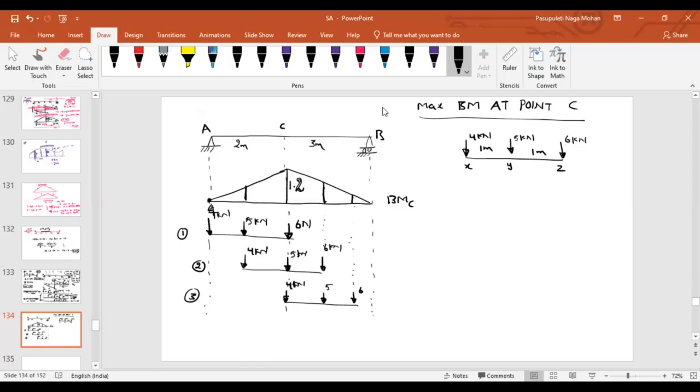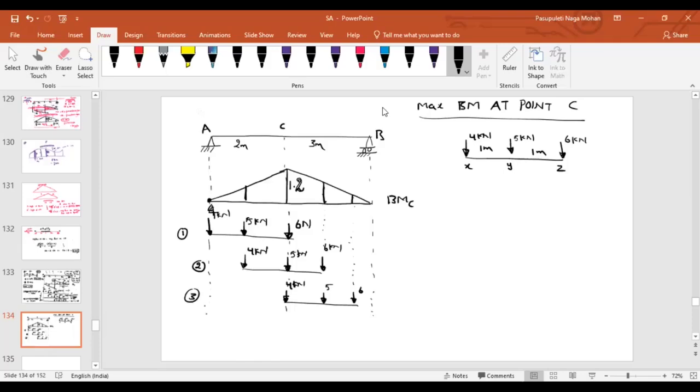We discussed that the average load on AC must be equal to the average load on CP. If it is a UDL, as it is continuous, we can directly find the position. But as these are concentrated loads, these values might not be exactly equal, so we have to take the appropriate range.